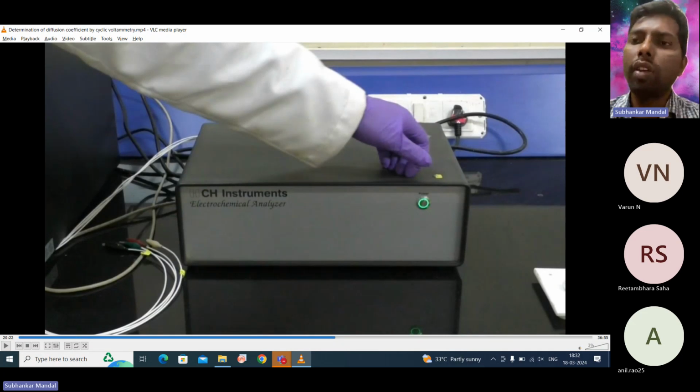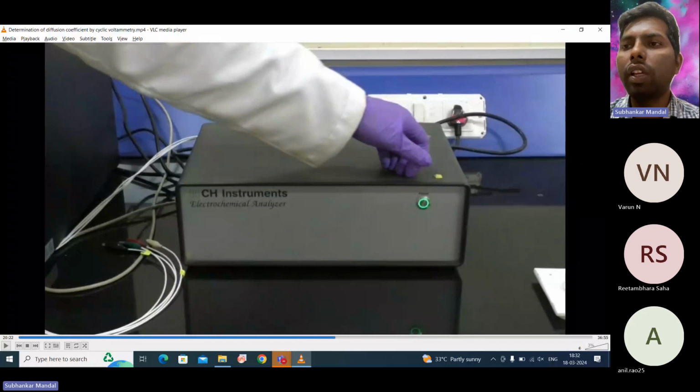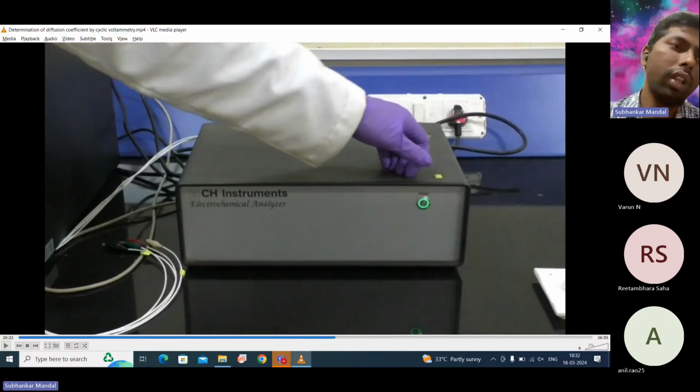The instrument company name is CH Instruments, electrochemical analytical, which manufactures this potentiostat. Here you can apply the potential, and along with that you can measure the current value.